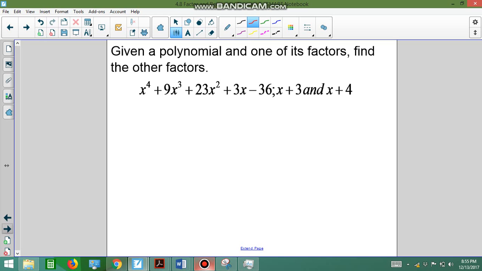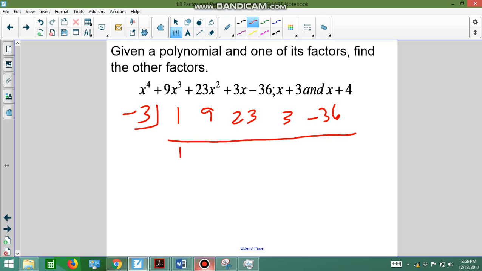And this time they gave us 2 factors. So I'm going to start with the 3. You could start with the 4. It doesn't matter. So we have -3, and then we have a 1, a 9, a 23, a 3, and a -36. So we're bringing down the 1. 1 times -3 is -3. 9 plus -3 is 6. 6 times -3 is -18. 23 plus -18 is 5. 5 times -3 is -15.